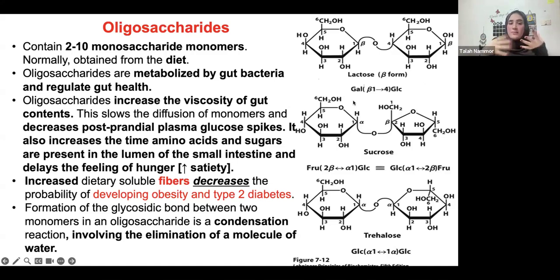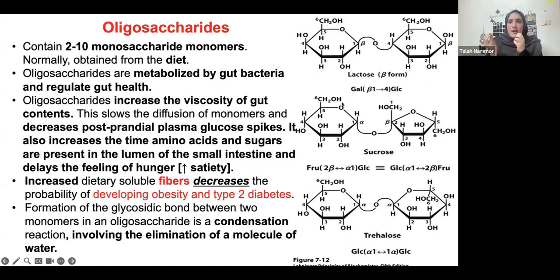And another thing the fibers do, which is about the amino acids, we said it increases the time of amino acids and sugars present in the lumen. Okay, so what happens is when you eat fibers, the body is not able to digest the fibers. This is the thing with fibers. Your body will not fully digest the fibers. So basically the body will start working on the fibers and it's not digesting them, so the fibers are still there.